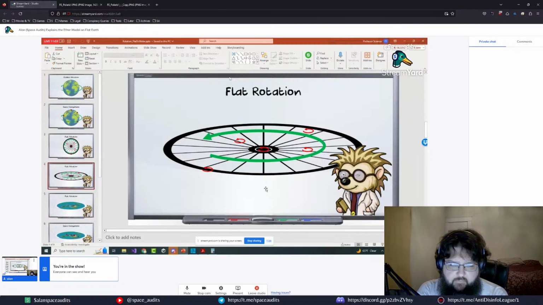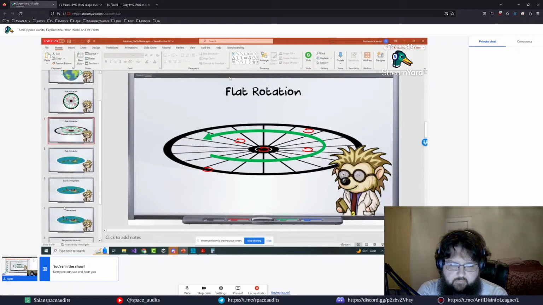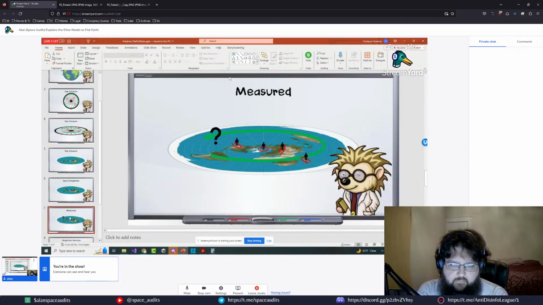So I think you're telling me that on our flat Earth, we do not get the same axis of rotation everywhere on the wheel. We get different axes. Is that correct? Yeah, that's my suspicion.